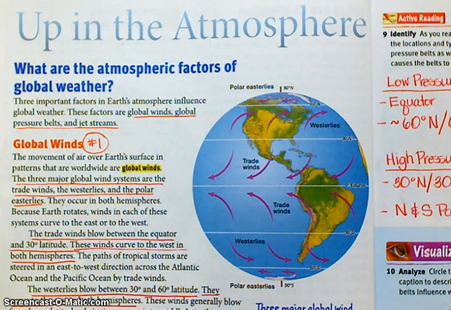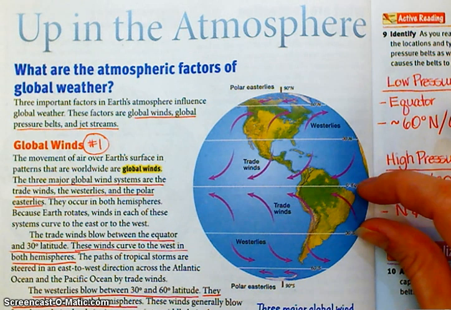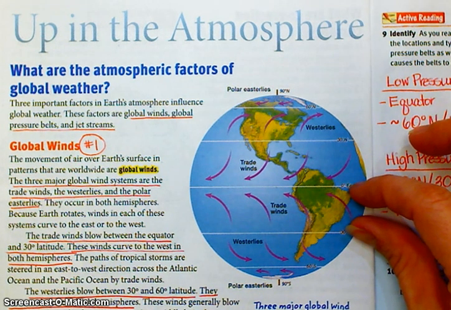One of the first things you need to realize, and this is a great piece of information that they actually point out to you: the path of tropical storms is steered in an east to west direction because all of those storms generally form and exist between the equator and 30 degrees north or 30 degrees south.